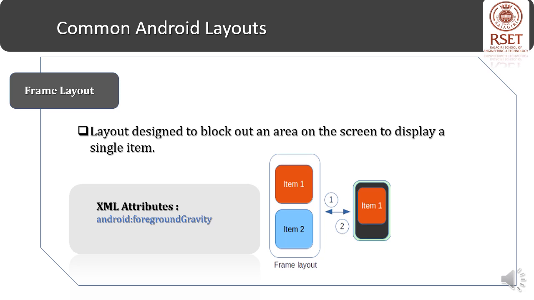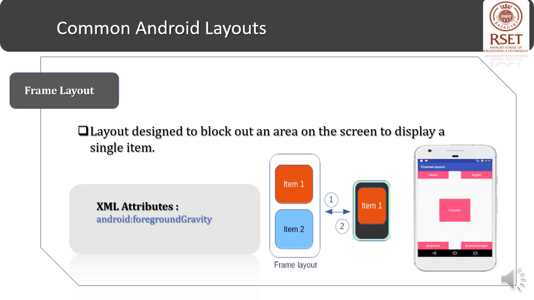It can be either bottom, center, center horizontal, or center underscore vertical; in whichever position I want to align the corresponding views, I can mention it in this way. It can be at the right corner, a left corner, a center portion, or a bottom right, as shown in the figure.